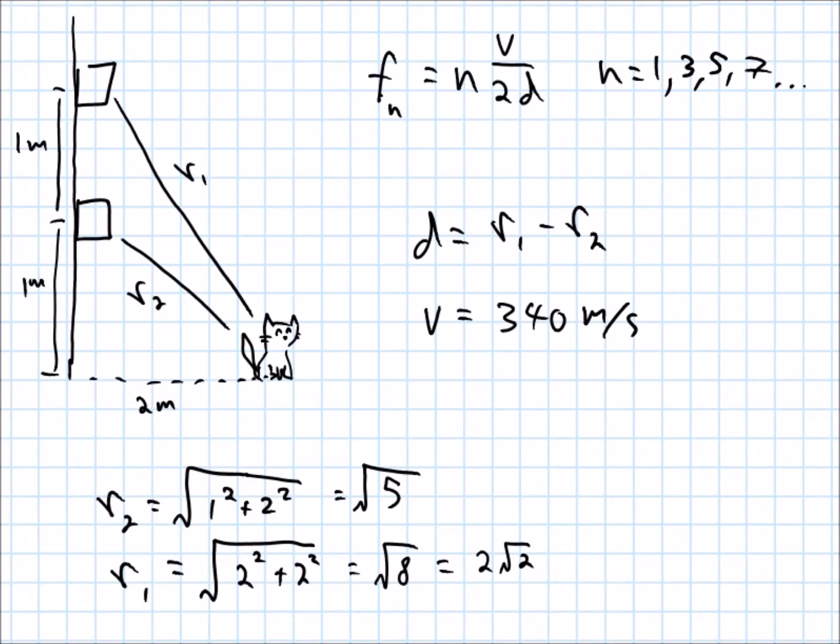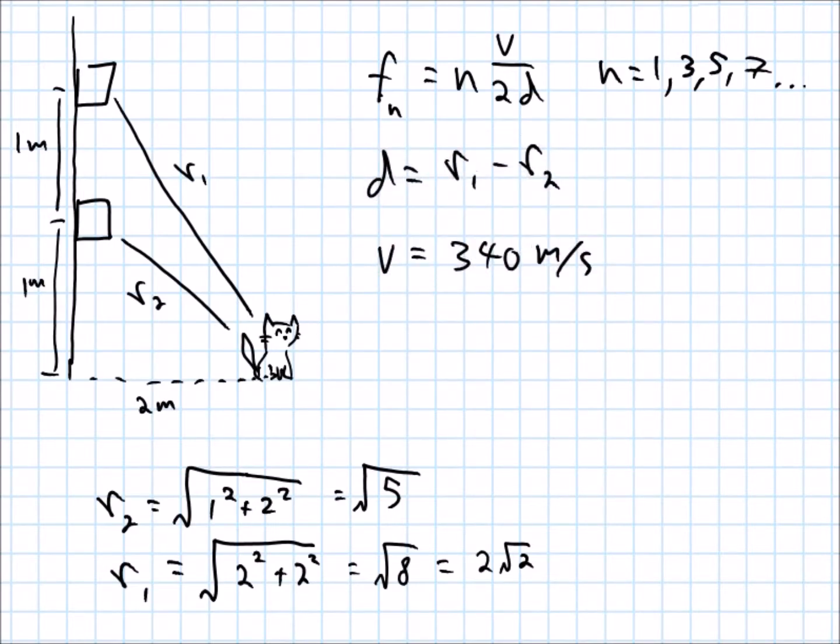So what we want to do in order to really answer that question is just plug in our numbers for v and d, and just leave the n out in front. So v, we've got 340 divided by 2 root 2 minus root 5.